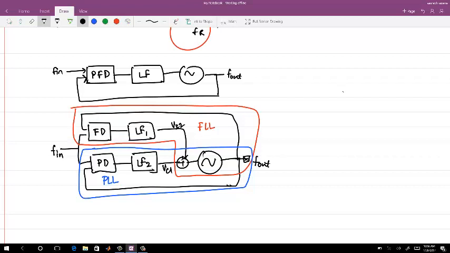In case the upper loop was not there, then the output should be VC1 plus VC2 for frequency detection, with VC1 coming from the phase and VC2 coming from the frequency. So the loop which is operating for phase error detection, for the phase recovery, also has to go for the frequency recovery. Then VC2 has to be given by the loop filter for the phase. So can you do that easily? That's a question.